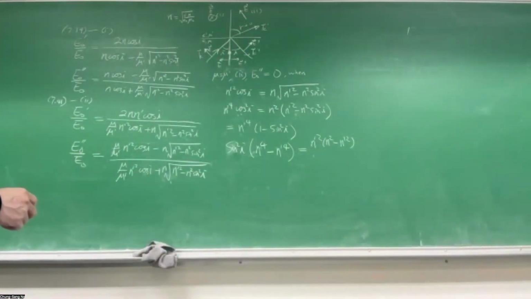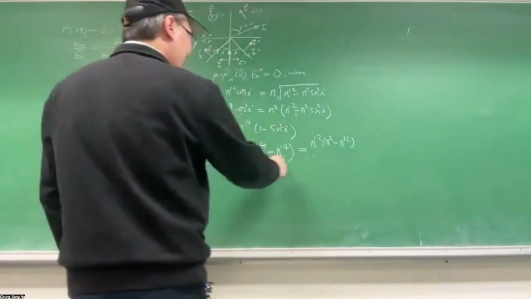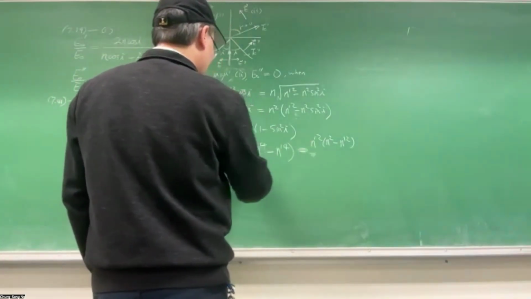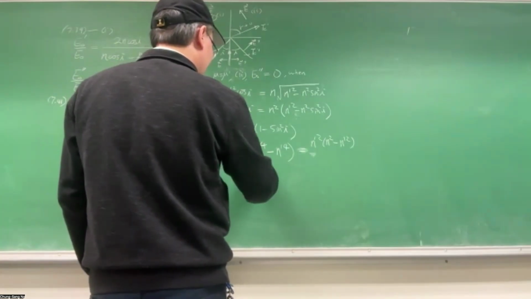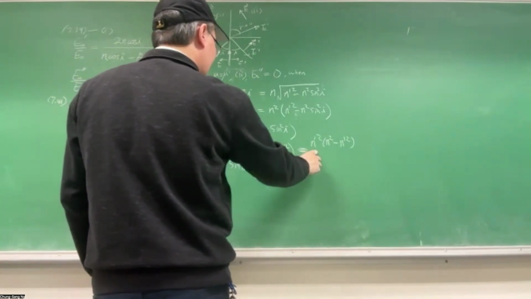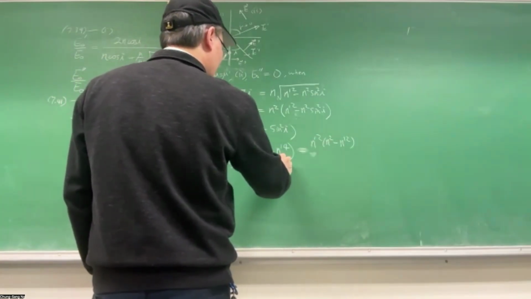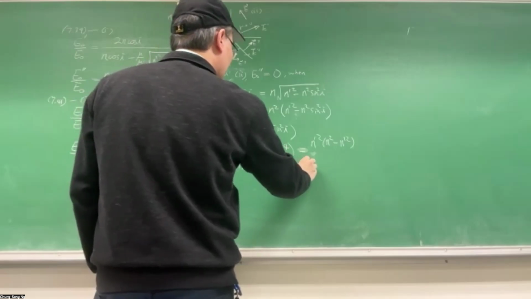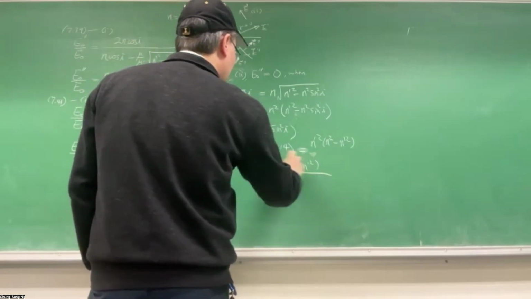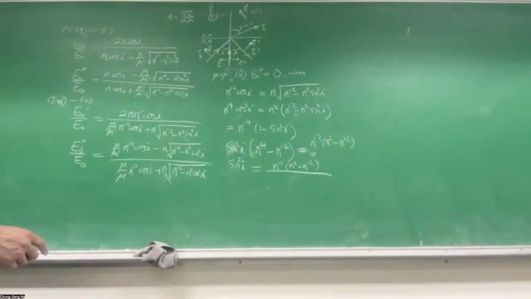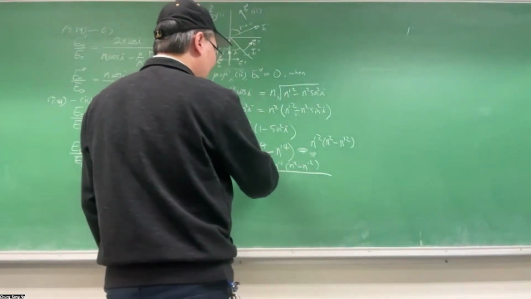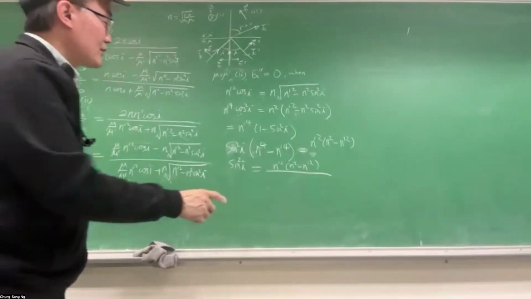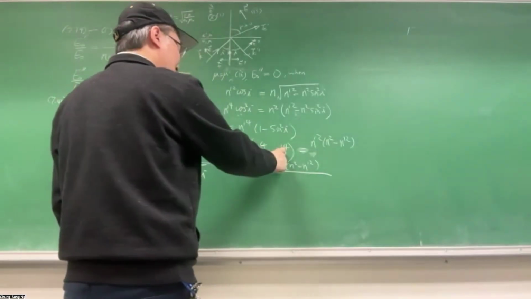It looks complicated, but hopefully we can simplify it. And this is n prime square, n square minus n prime square, divided by this one, n fourth minus n prime 4. But we can simplify that because n fourth is n square squared. So this is a square minus another square.